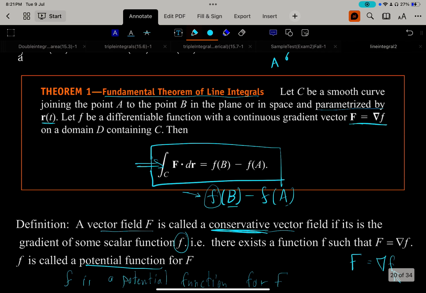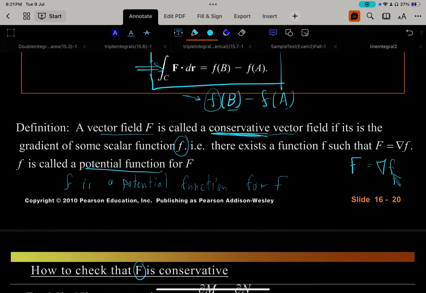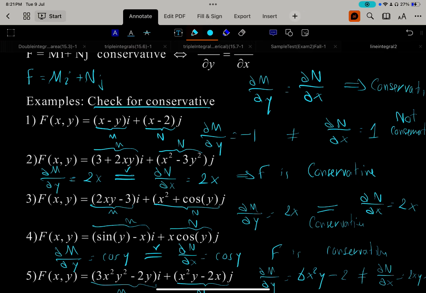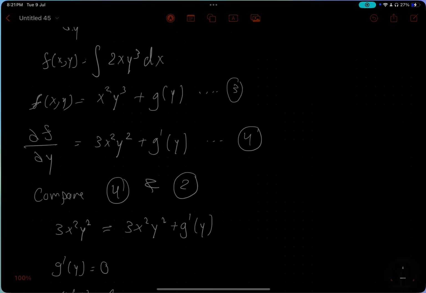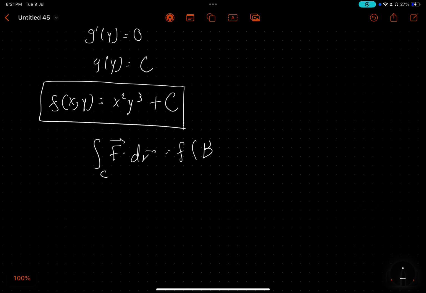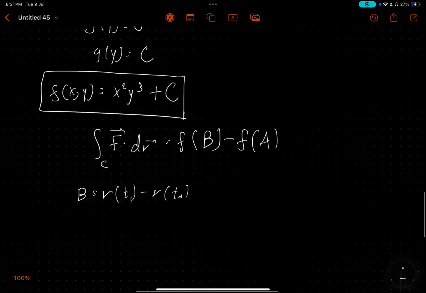I think it's a value that we get from the function r, so it's basically going to be f of b. That's our fundamental theorem of line integrals, and b is going to be r of t1 minus r of t naught. Yes, this is b, and a is just r of t naught.